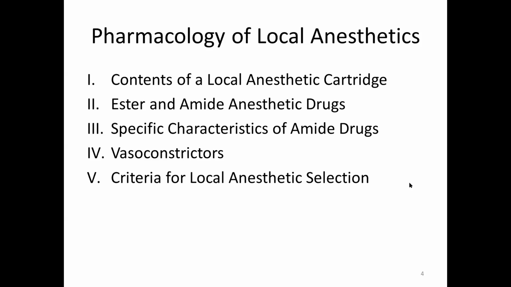Some of the preservatives that are in them, we've got the sodium bisulfite, and that is a preservative. It prevents oxidation of the vasoconstrictor, and that provides a longer shelf life, so they do have expiration dates. We use the expired cartridges when you are learning how to hook up the anesthetic syringes, and when you are injecting into the plum and other things.